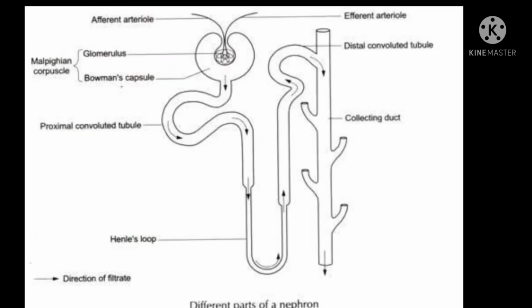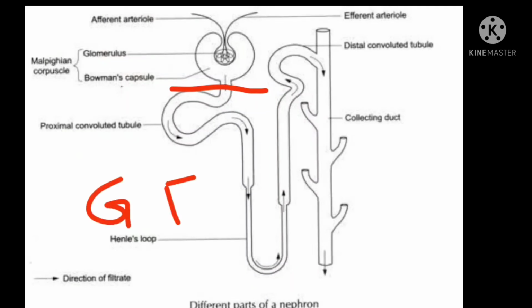The amount of filtrate formed by kidneys is called GFR or glomerular filtration rate. GFR in a healthy individual is approximately 125 milliliters per minute, that is 180 liters per day.